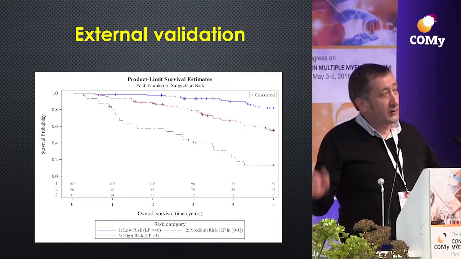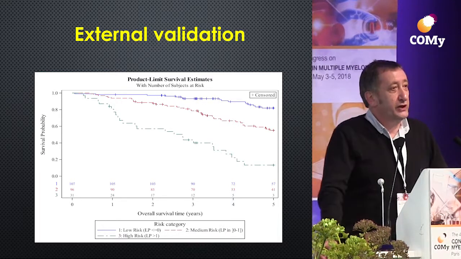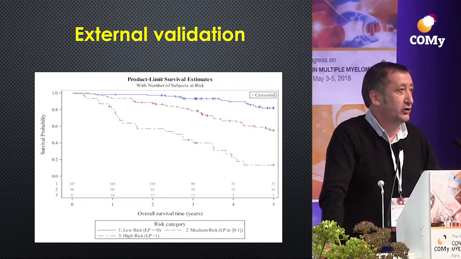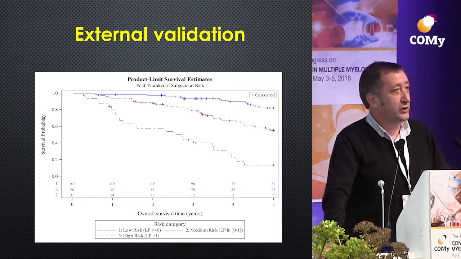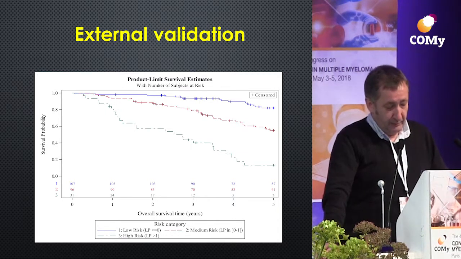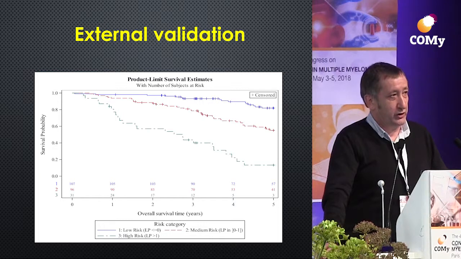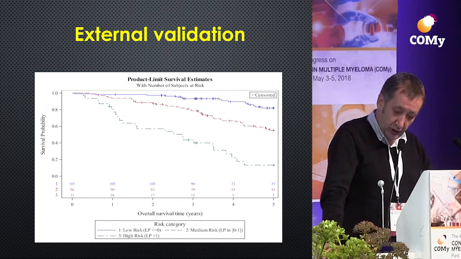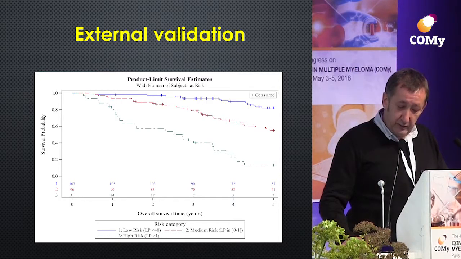Of course, it has been built in patients treated 10 years ago, because we wanted to have a long follow-up to try to identify good-risk features, and to find good risk, you need to have follow-up. But definitely, I think we should try to look at these abnormalities nowadays in ongoing trials with novel drugs.